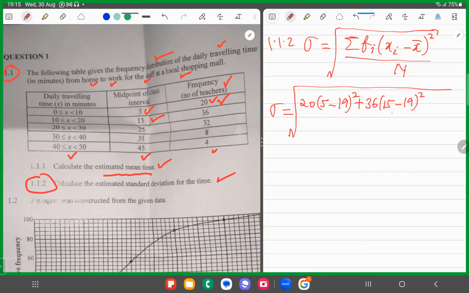And then you square this. And then next you do the frequency. What is the frequency? The frequency is 32. And then you have the class midpoint, 25, minus 19.